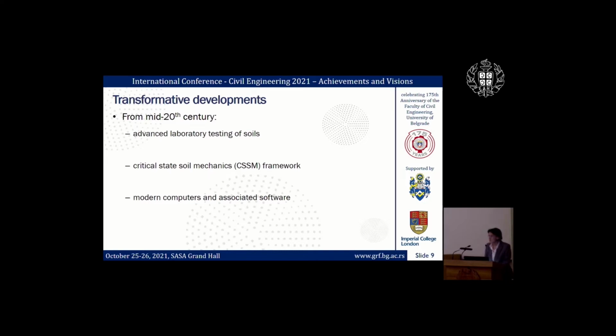Development of something that is termed a critical state soil mechanics framework, which I will briefly describe, and of course, development of modern computers and associated software that eventually enable us to look at the soil as a continuum, and ground as a continuum to analyze.